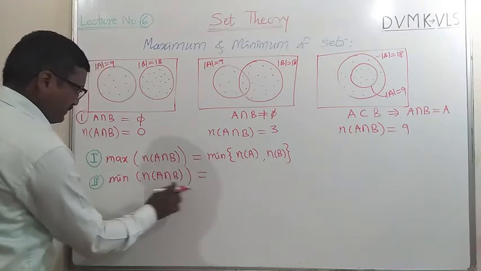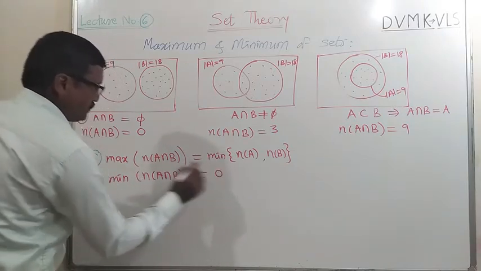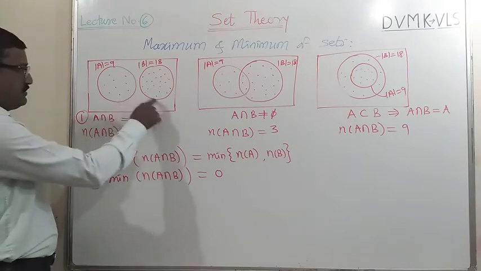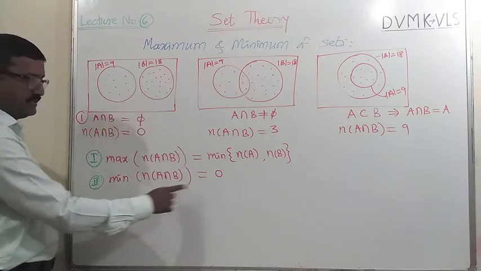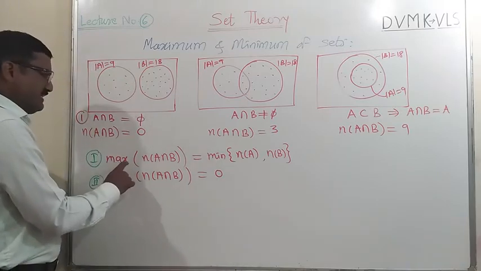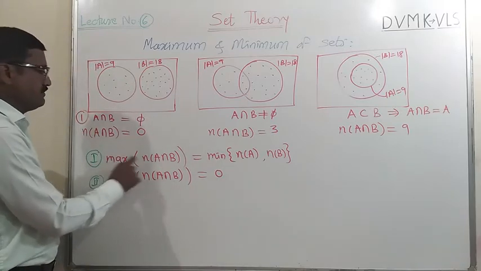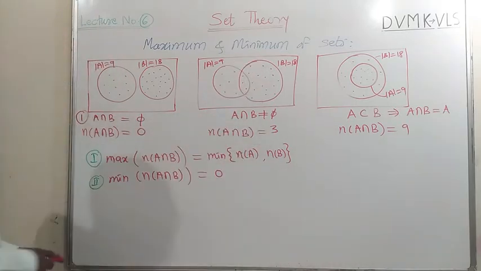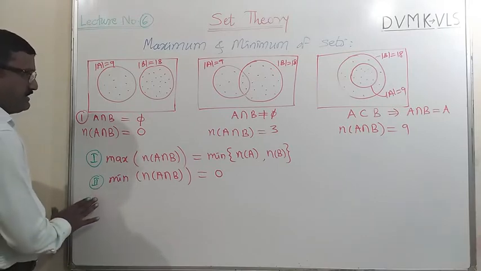So the minimum of the intersection is always 0. Whenever two sets are disjoint, the minimum of the intersection is 0, and whenever one set is a subset of another set, then the maximum of the intersection is equal to the minimum number of elements between those two sets. Okay, so this is the second result.